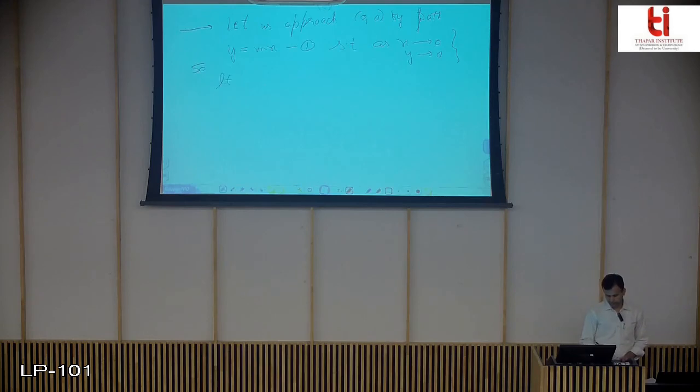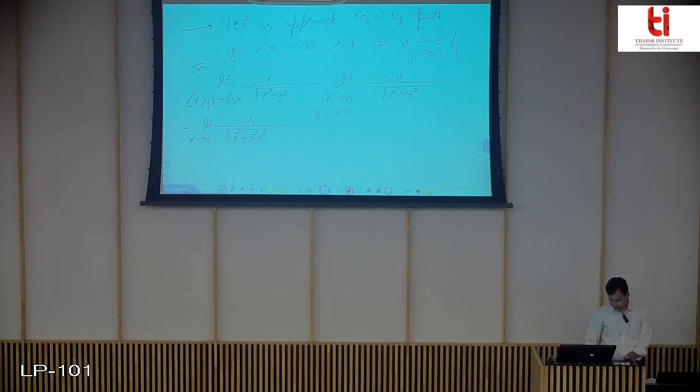So now let us see what comes out when we substitute the value in the function. Limit x tending to 0 of minus x y over under root x square plus y square, with y equals to mx. So this gives me limit x tending to 0 of minus x times mx under root x square plus m square x square.